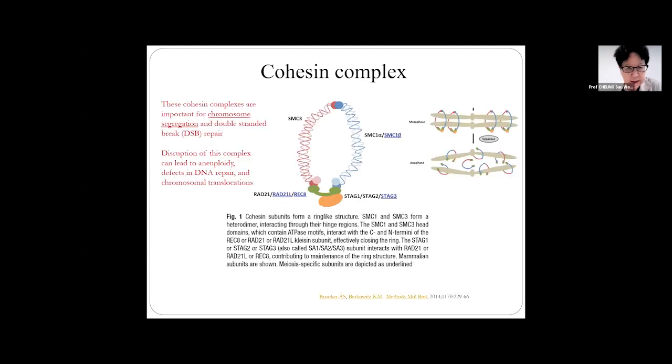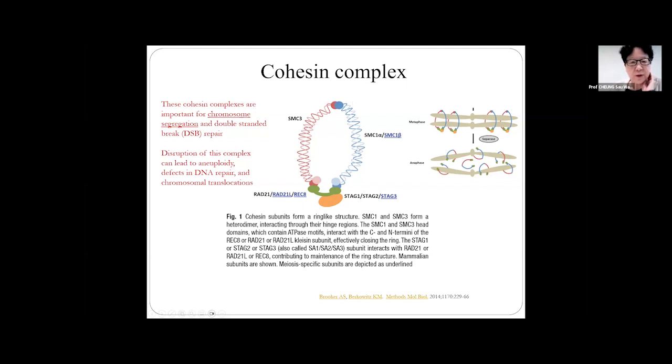At high resolution, you were able to study that there's a cohesin complex important for chromosome segregation and double-stranded break repair.